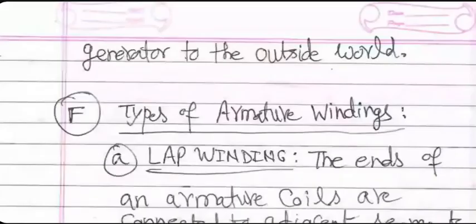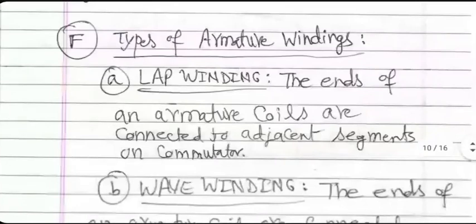Carbon graphite brushes with metal contacts to split rings connect the generator to the outside world. Lap winding: here the ends of an armature coil are connected to adjacent segments on the commutator. In the wave winding, the end place.